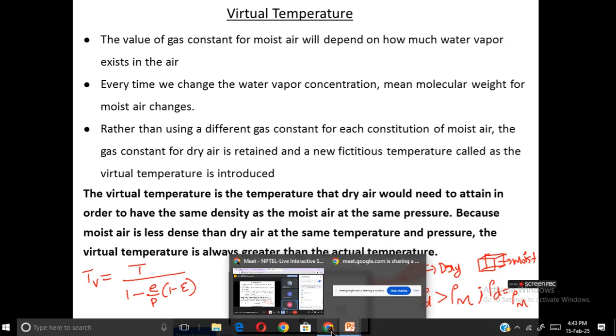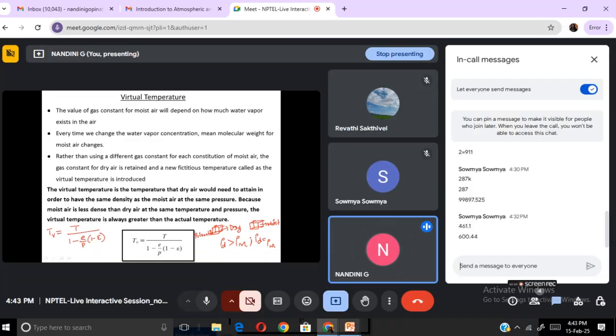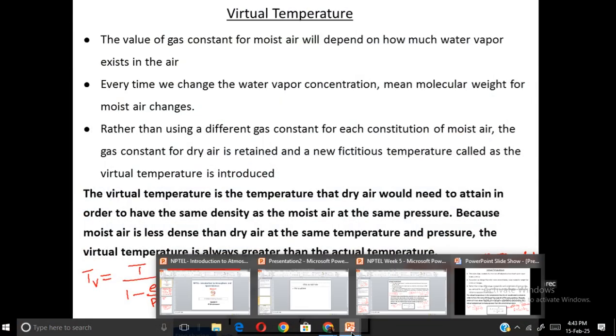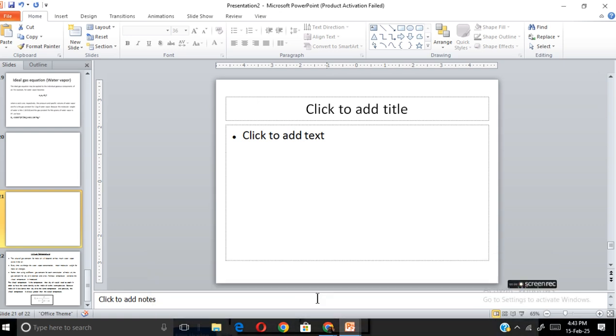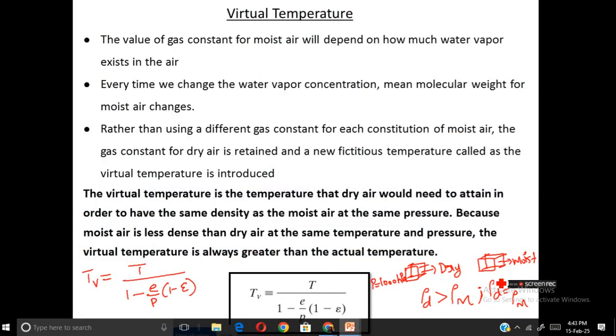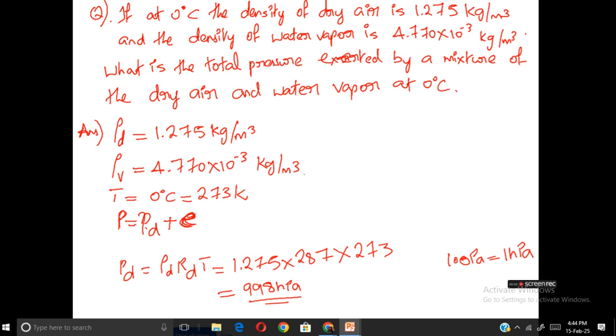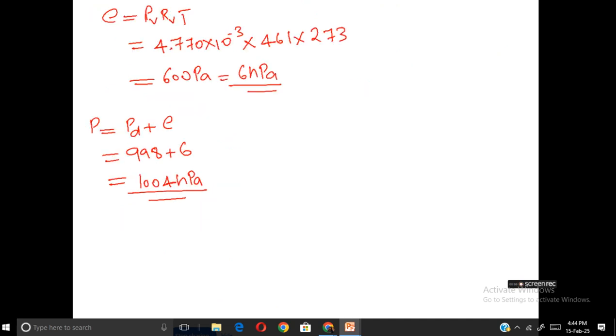Let us calculate the virtual temperature of the dry air parcel that we just used. In the previous question, we calculated the pressure exerted by dry air as 998 hectopascal, and the pressure exerted by moist air as 6 hectopascal.